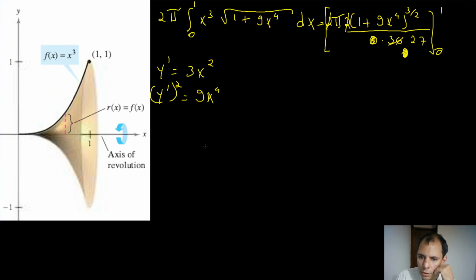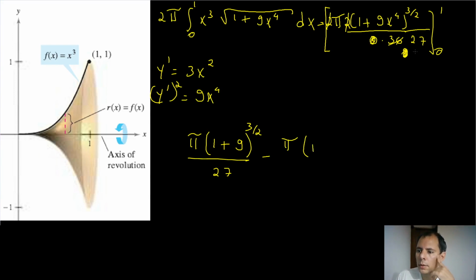So it'll be pi times 1 plus, if it's a 1, 1 to the fourth, 1 times 9, and this is being elevated to the 3 halves divided by 27 minus pi, and then we're going to plug in a 0 here, so the second term just becomes a 0 to the 3 halves divided by 27.